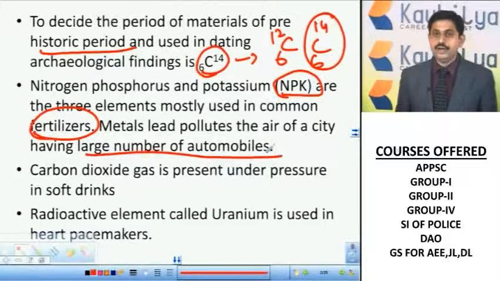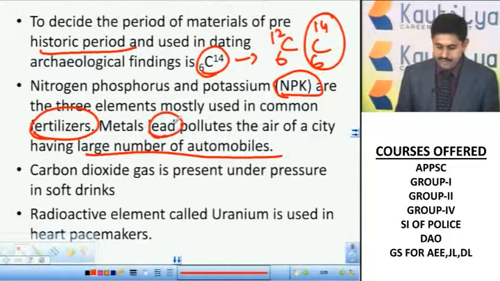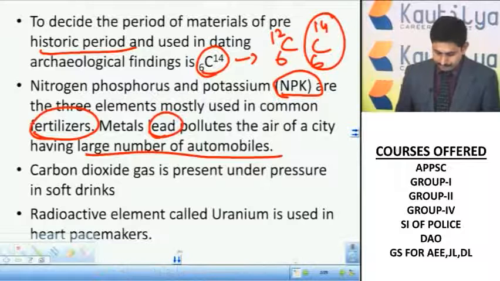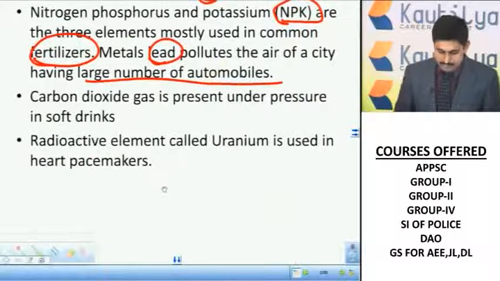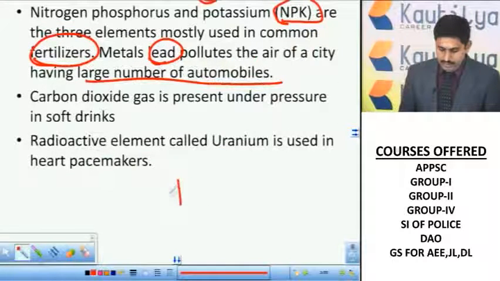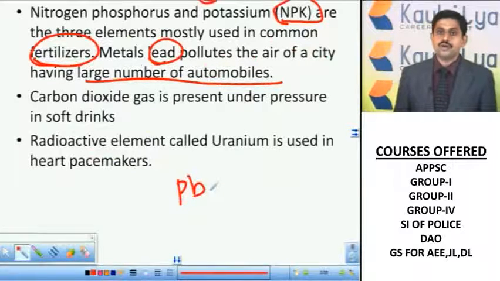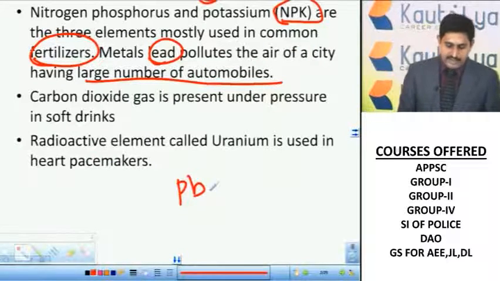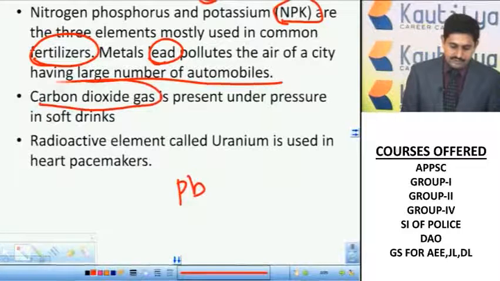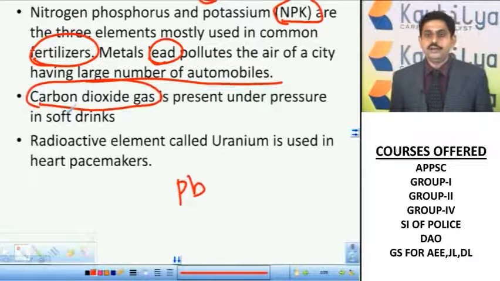It is a pollutant. The metal released in the cities as a large pollutant is lead. It is a metal pollutant released by most automobiles in the cities. Next one, carbon dioxide. It is present in soft drinks, the gas which is filled in cool drinks.